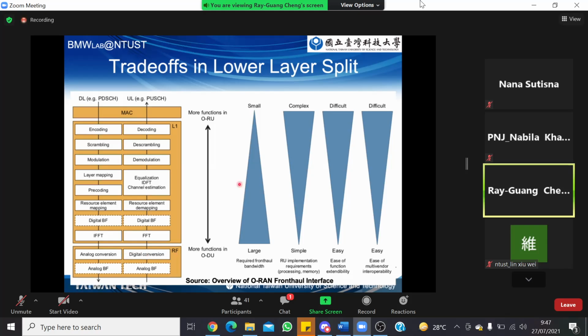Similarly, when you want to do the split in the lower part, you need to have a higher bandwidth. But if you can do more here, the RU will be simple. When you split in the higher part, the RU will be more complicated.